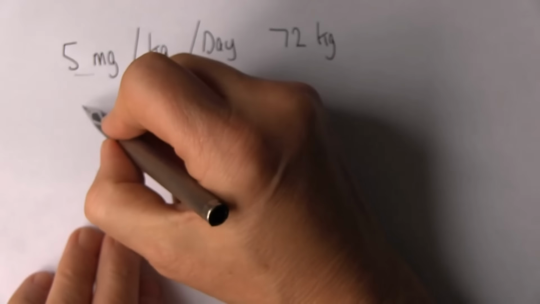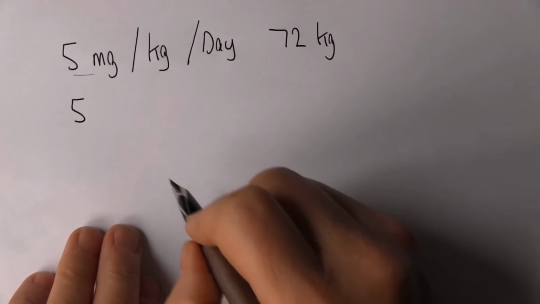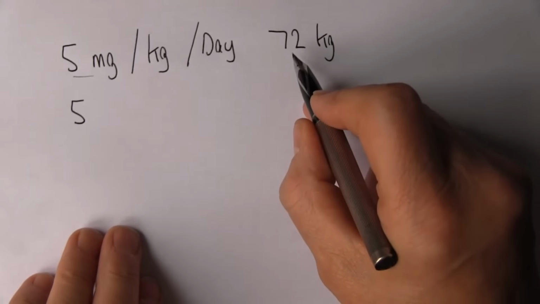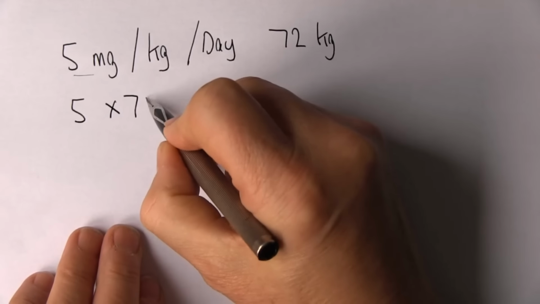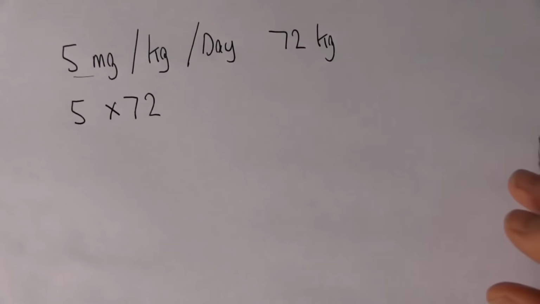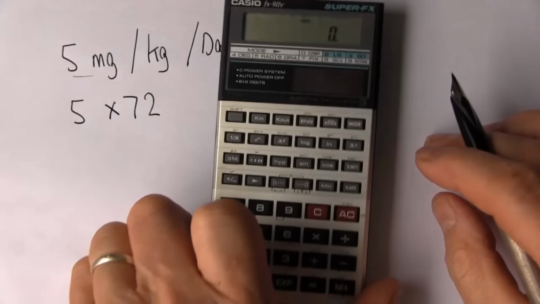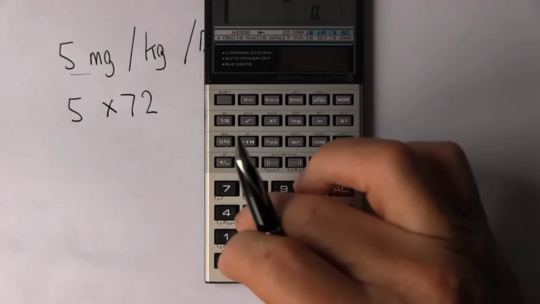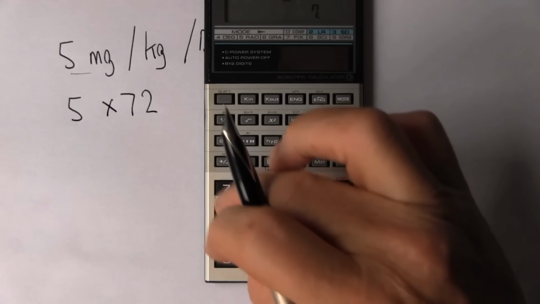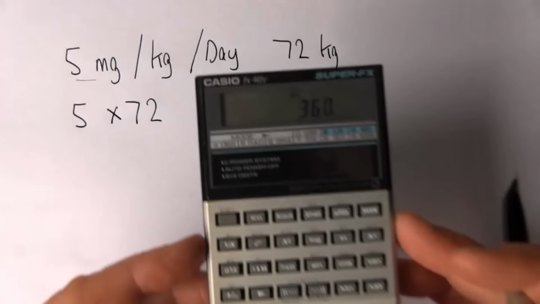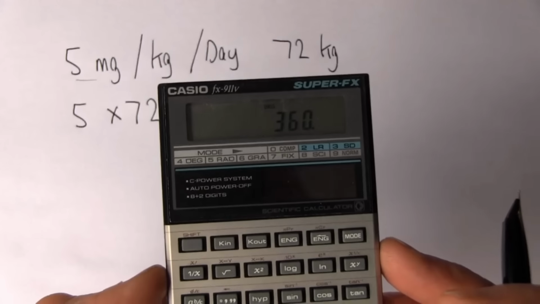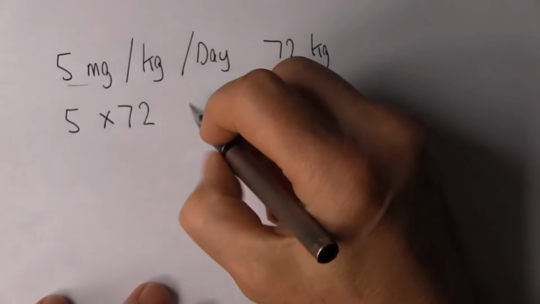So that means I need to give 5 milligrams per day per each of these kilograms, and there's 72 of them. So it's 5 times 72, and we see that equals 360.